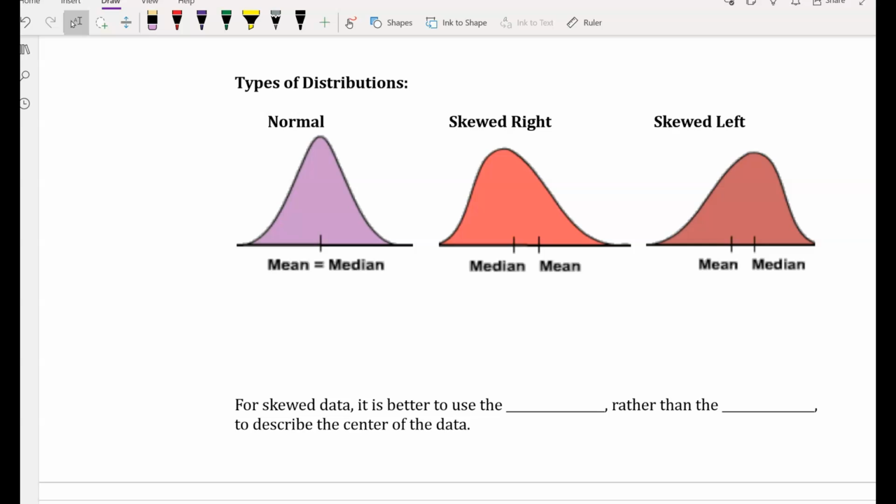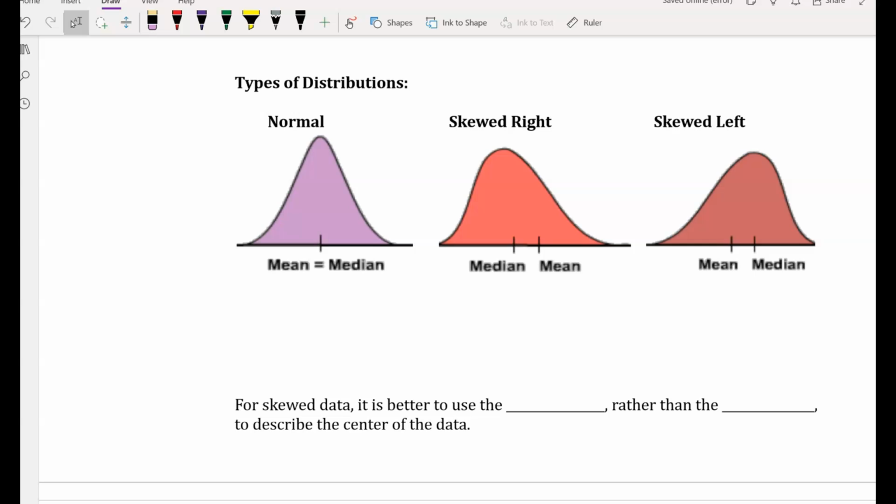Next, let's look at 3 types of distributions. We have a normal distribution. We might have one that's skewed right, or we might have one that's skewed left. Think about taking your distribution graph and laying a blanket over it.